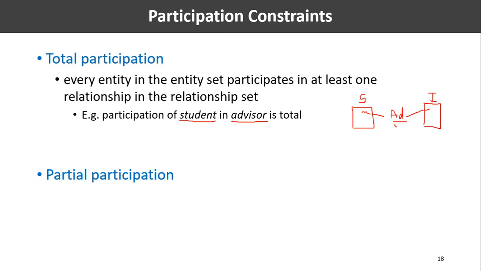Every student is associated with at least one instructor, and that is why we find every student in this advisor relationship. That is why we say that it is total participation.